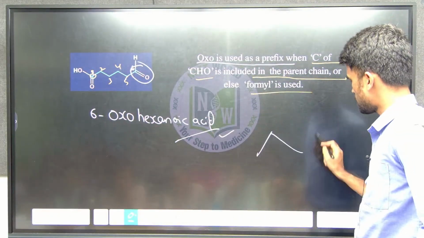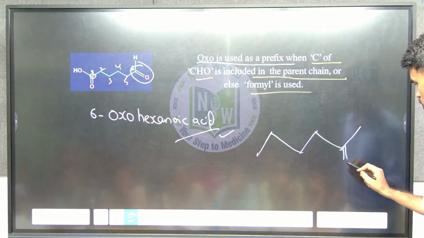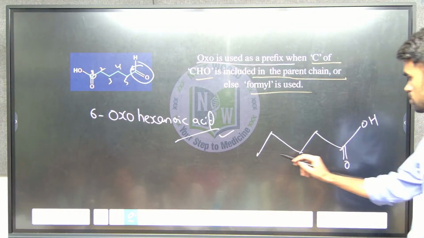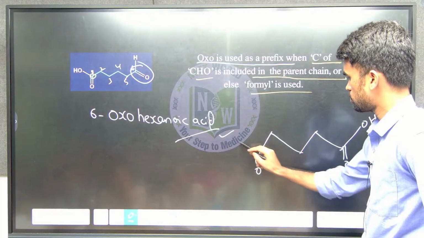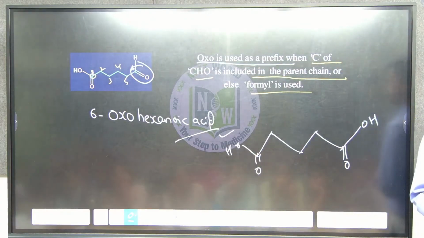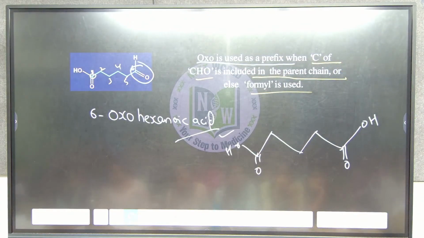Okay, next, write for this. What are the functional groups? From where I should number?